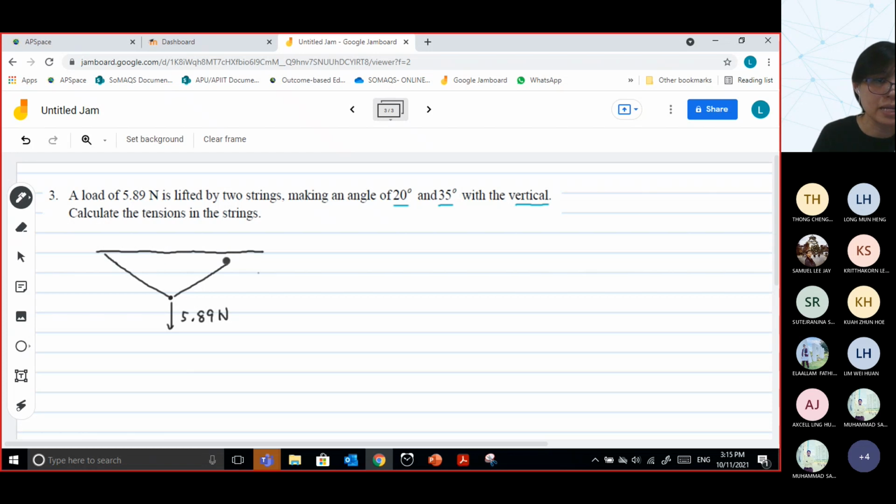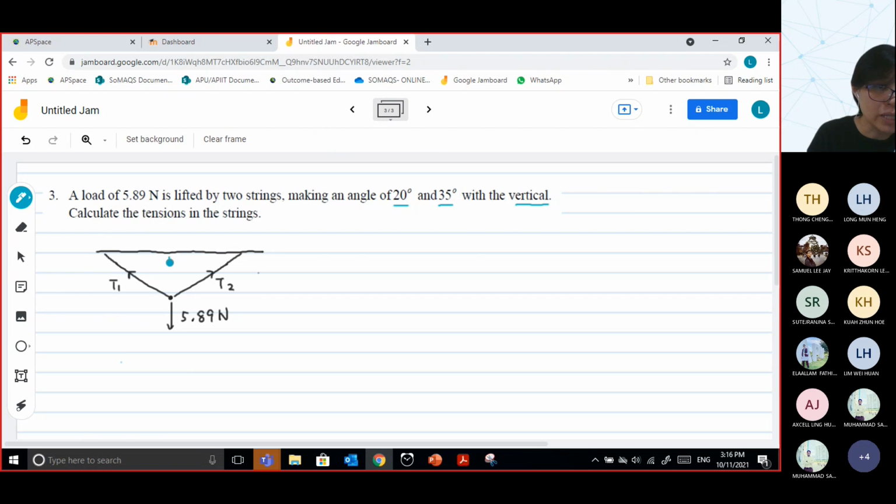So let's say these are the 2 strings. Their tension, let's say this is tension 1, tension 2. 2 tensions, right? Then the angle is 20 and 35 with the vertical.